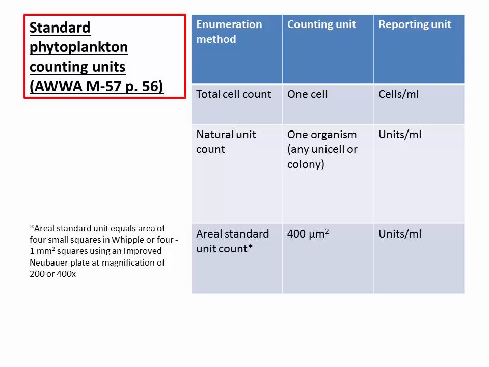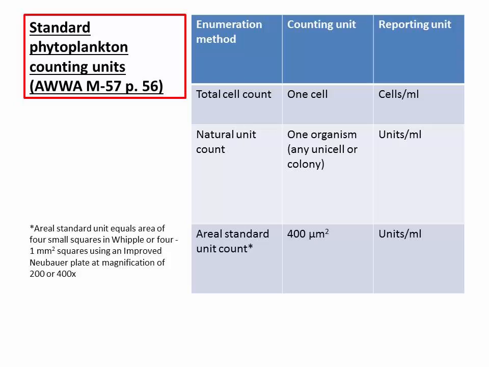Another way that's kind of in between is called the areal standard unit, which equals the area of 4 small squares if you're using a Whipple counter, I'll show you what that is in just a minute, or 4 1-millimeter squares on a Neubauer plate at 200x. Then the definition, the areal standard unit count, in this case would be, if it's 4 1-millimeter squares, we're dealing with 400 square micrometers.